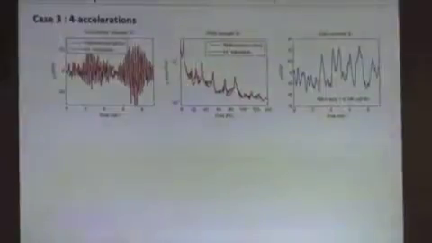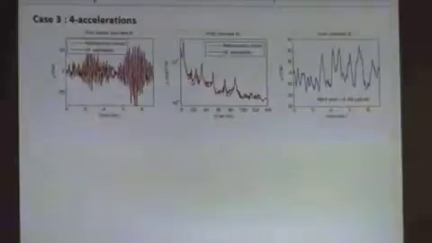Now, if you look here, we get very good performance in the high frequencies. We get reasonable performance in the low frequencies. But there's this low frequency error, and the RMS error is 9.7 microstrain. So the accelerations alone don't do a very good job.